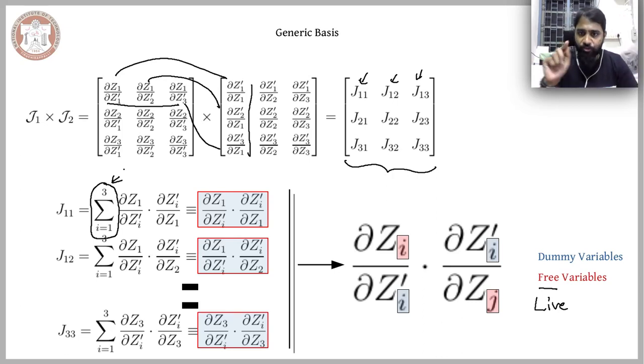So each of the entries in my product matrix can be expressed in the form of a summation. The introduction of my dummy variable allows me to get rid of the summation sign.